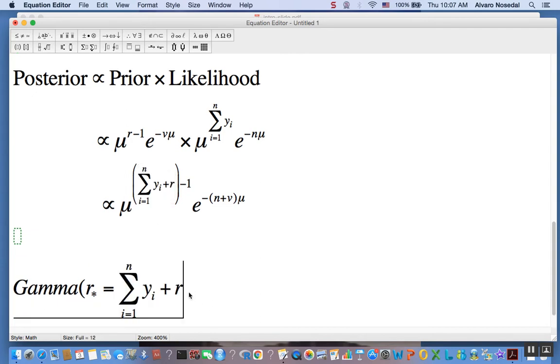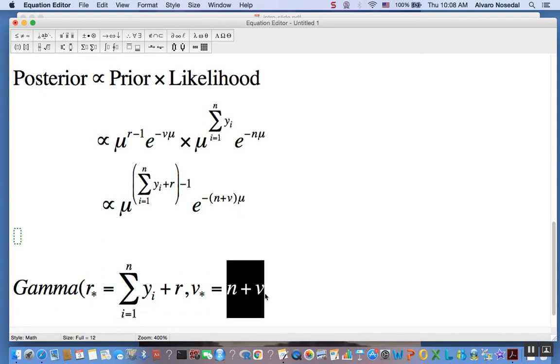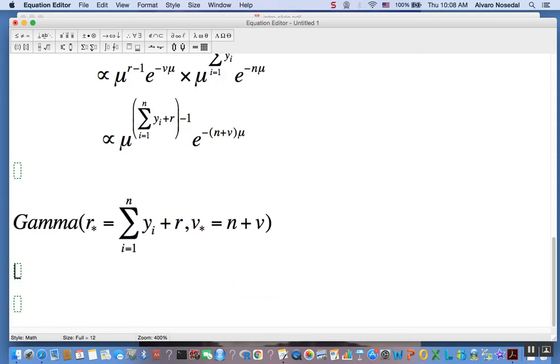And the new v star, let's call it, happens to be the old v plus n, the sample size. Okay, so those would be the updating rules. That's what we call them.